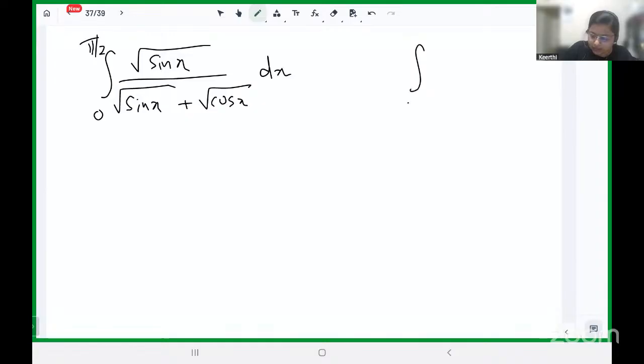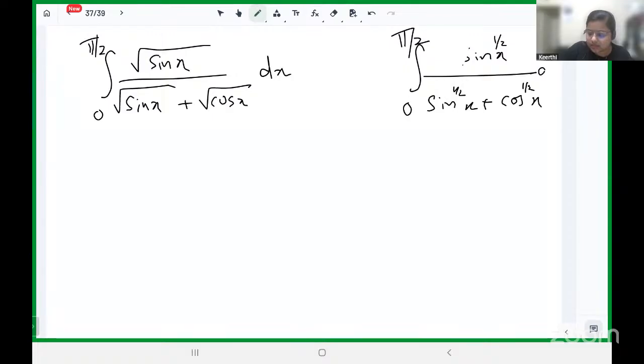Or else you can write it like this also: 0 to pi by 2, root of sin x means sin x raised to 1 by 2, divided by sin raised to 1 by 2 x plus cos raised to 1 by 2 x dx. The same question we can write this way also.